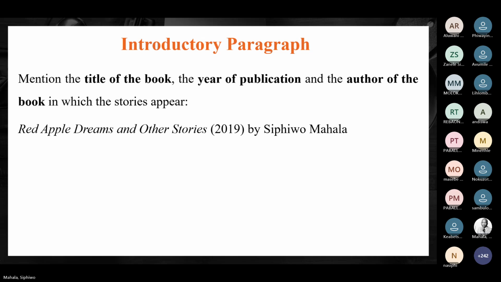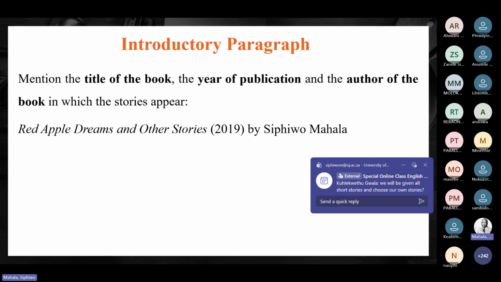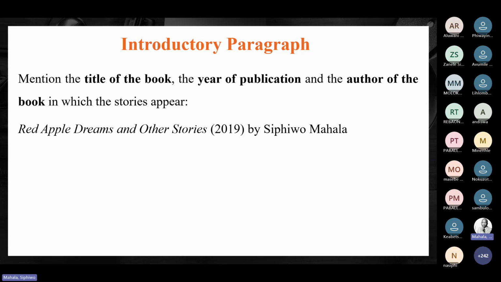So it's important that you mention the title of the book, and the title of the book will have to be in italics, as you can see here. Writable Dreams is the title of the book, and it is in italics. And then the year of publication of the book should be in brackets. In this case, it is 2019. And then the author of the book, in this case, Siphiwe Mahala.